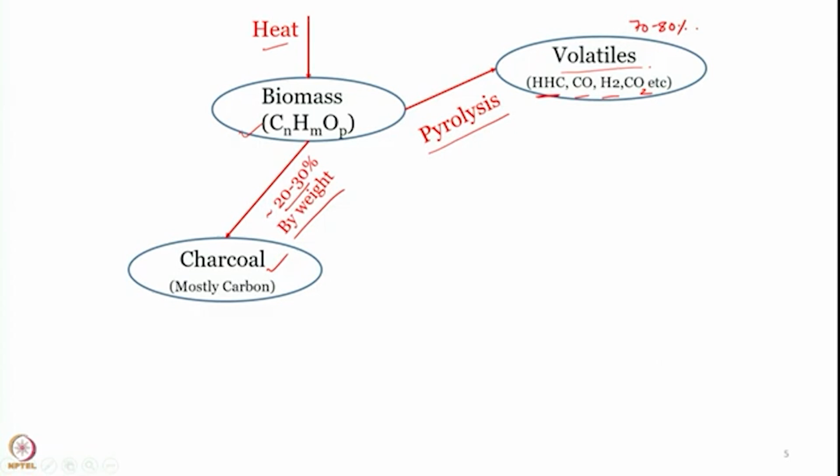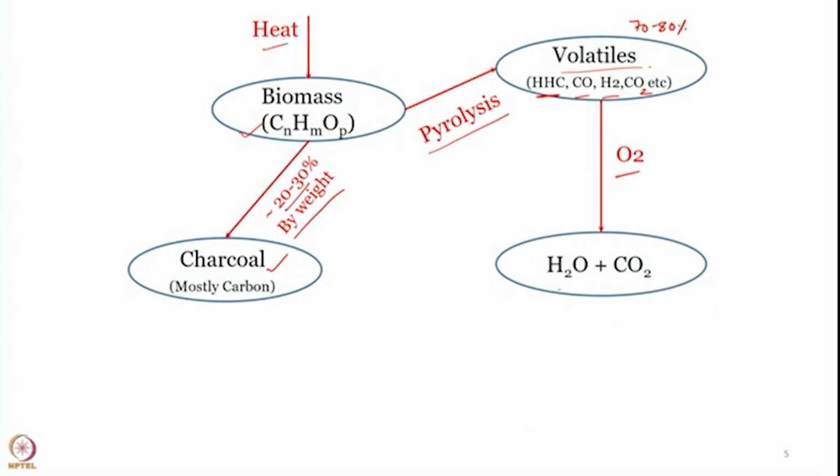Now in the combustion process we burn all, as we have seen in the example of the matchstick, both are burned. But in gasification we only allow the volatiles to undergo combustion, and we get H2O and CO2. Now the role of the charcoal comes in.